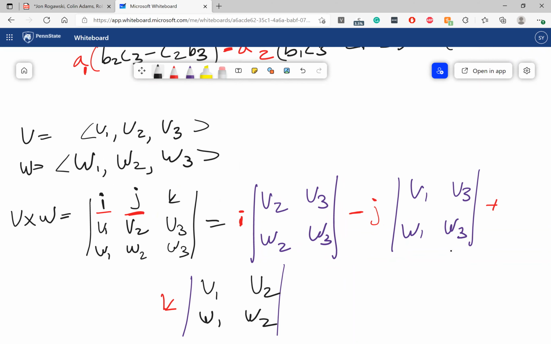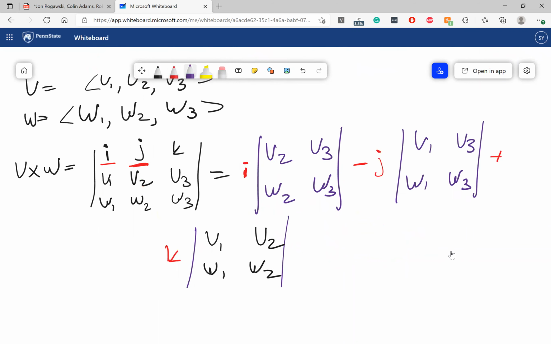Okay, and then you just open this up. So now you're going to take the determinant of each one of the smaller matrices.